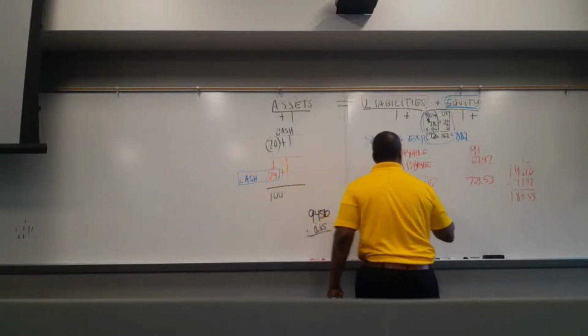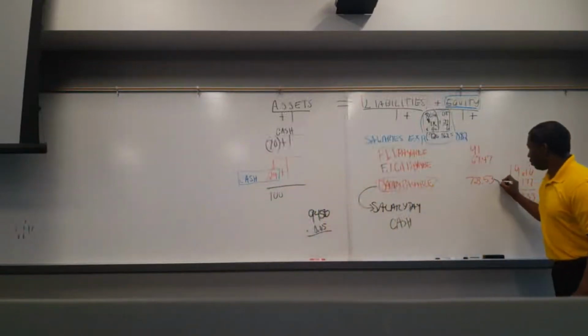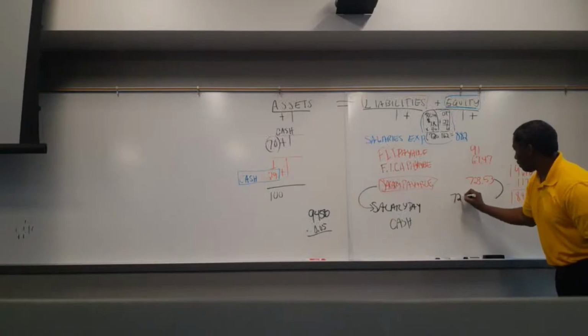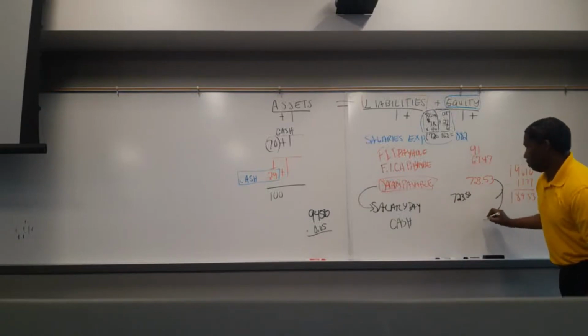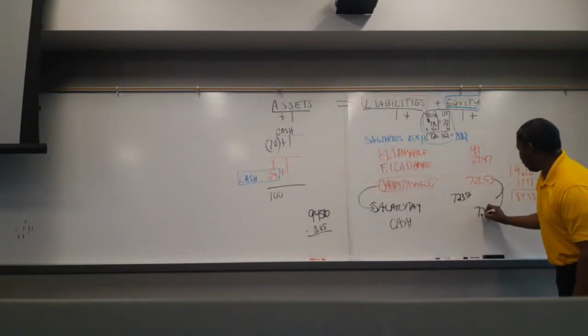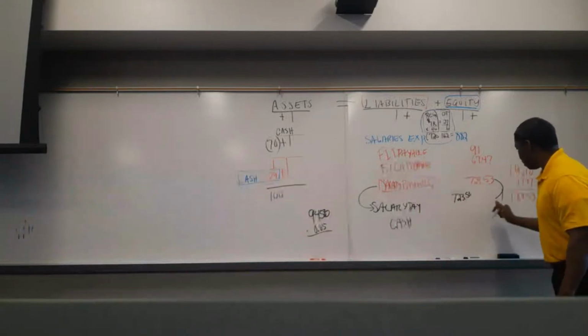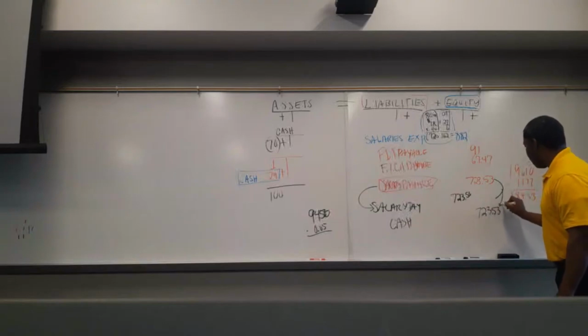Salary payable, for the part that goes to the employee, 723.53. Yeah, 723.53. And make another entry. So you see we have two entries we need.